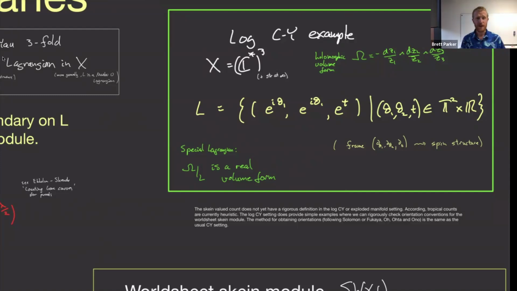The advantage of working in log Calabi-Yau settings is that there are lots of very easy examples. The disadvantage is that bare curve counts are not defined in general. There are some special cases where you can define bare curve counts, but in general it doesn't work.